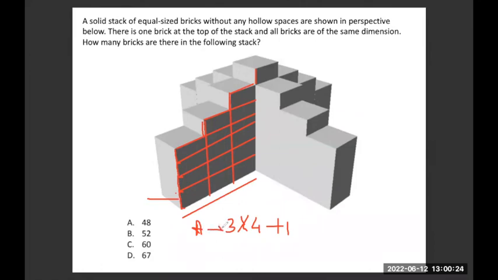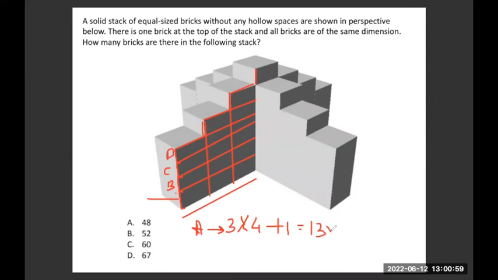So 3 bricks in the bottom, that is getting repeated on all the 4 sides. That's why 3 into 4 plus 1, which will be 13. This is clear? This same equation happens for row A, row B, row C, and row D.